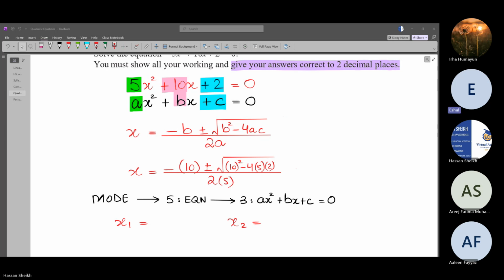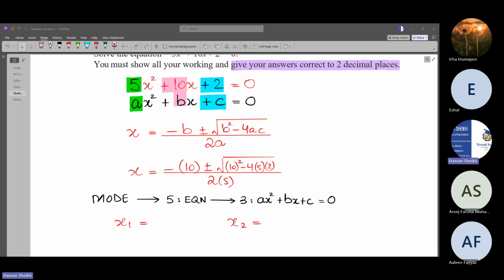Sir, when I do mode and 5, it's not like that. You have a different calculator? FX82ES Plus Casio. So it doesn't have that option? When I do mode setup, it gives me comp, stat, and table. No, you don't need to do mode setup.